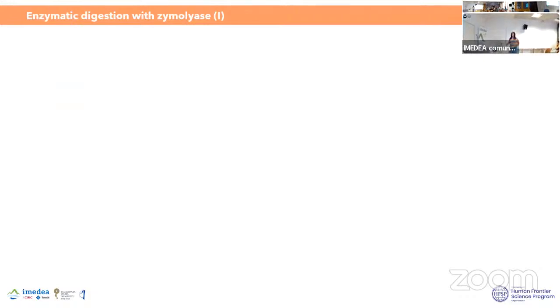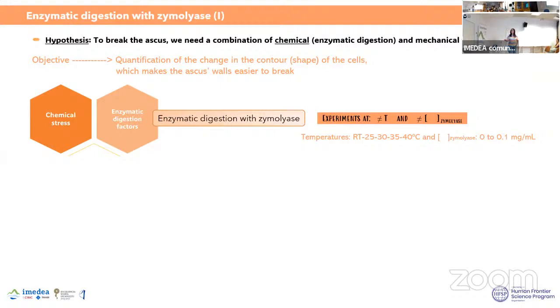Okay, so starting with some of the results. In the enzymatic digestion with zymolyase, our hypothesis is that to break the ascus, we need a combination of chemical and mechanical factors. So we started by studying the chemical factor, which is enzymatic digestion with zymolyase. Our main objective is to quantify the change in the contour shape of the cells.